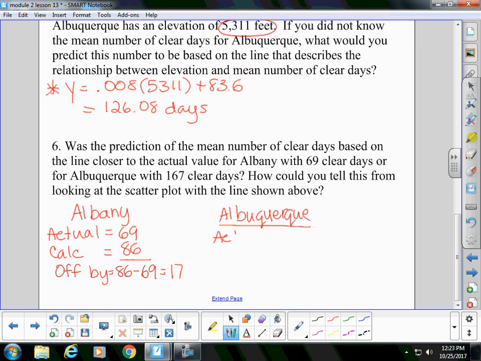So again, the actual, in this case, was 167, and the calculated answer using the equation is 126 days. So to find out how much it was off by, I'm going to take 167 minus 126. We'll find out which one was more accurate. This one was off by 41 days. So it was more accurate for this one.